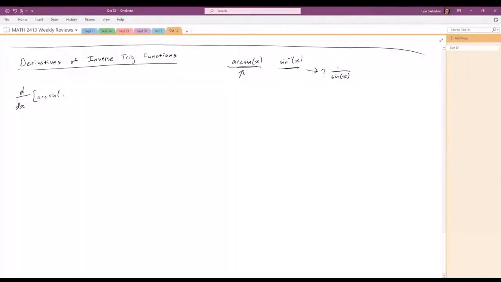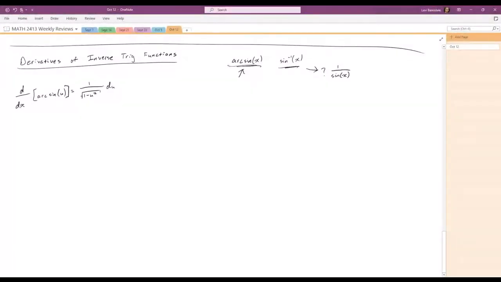All right, derivative of arc sine of u is equal to 1 over square root of 1 minus u squared times the derivative of u. You might also see it written as just du over square root of 1 minus u squared, and that's the exact same thing.